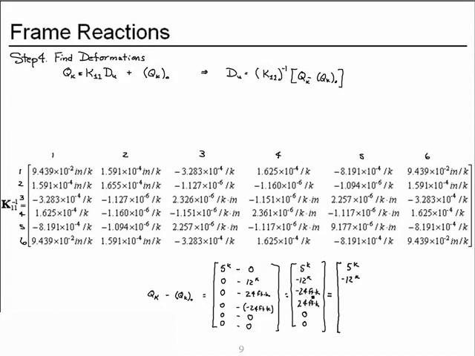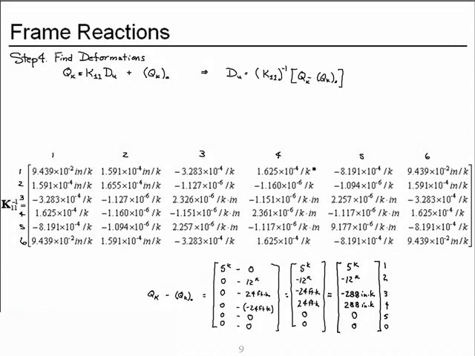When we take 24 foot kips times 12 inches per foot, we'll get a negative 288 inch kips, a positive 288 inch kips, a 0, and a 0. And remember, these are degrees of freedom 1, 2, 3, 4, 5, and 6.